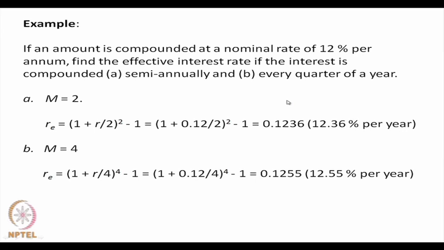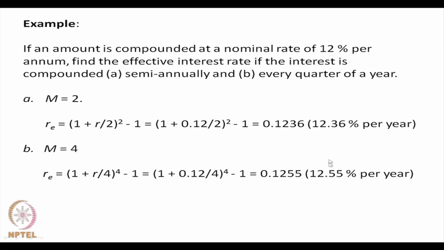When instead the interest rate is compounded 4 times a year, then M is equal to 4. So, the effective interest rate becomes 1 plus R by 4 whole to the power 4 minus 1, and that is equal to 1 plus 0.12 divided by 4 to the power 4 minus 1. This quantity is 0.1255, which is 12.55% per year.